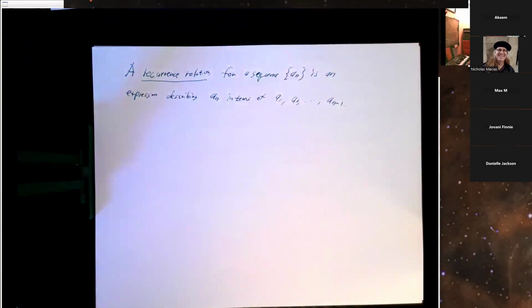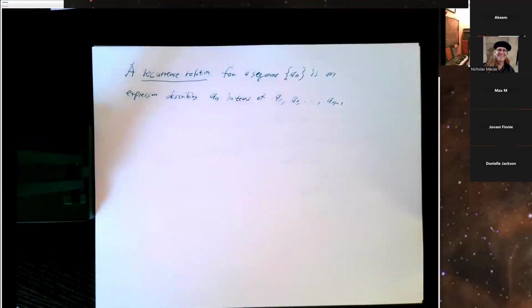All right, and this is going to be a key concept. So a recurrence relation for a sequence is a way to describe the nth element of the sequence in terms of the earlier elements of the sequence.